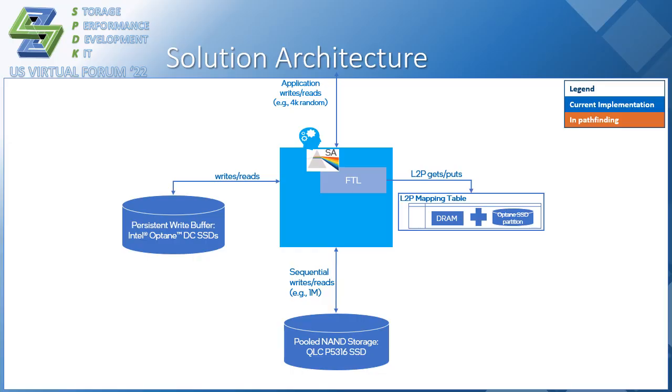Usually, L2P takes a fairly significant chunk of memory, roughly 0.1% of the size of the surface drive, which for a 16 TB QLC would be 16 GB. However, in order to decrease these DRAM requirements, CSAL implements a least recently used cache for L2P, storing only the hottest portion in DRAM, paging other parts in and out as necessary with the persistent write buffer.